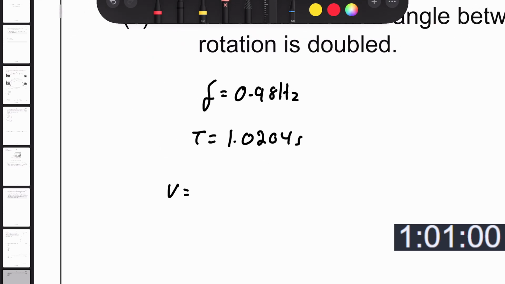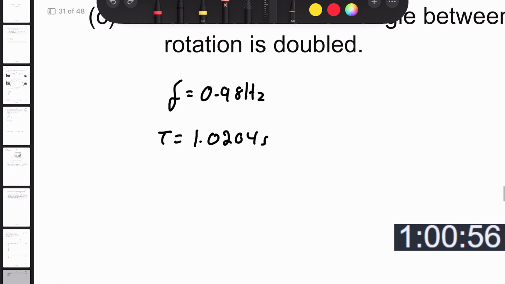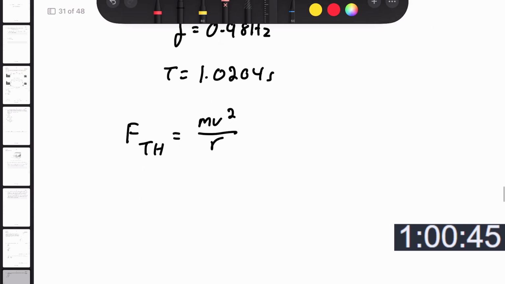And the velocity, now I know that my force of tension horizontal is going to equal mv squared over r.